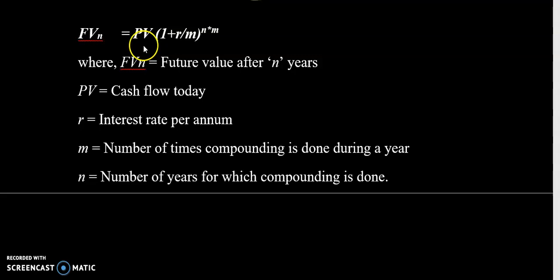Present value is the cash flow today. 1 plus R is the rate of interest, divided by M. M is the number of times compounding is done during a year. For semi-annual compounding, compounding is done 2 times in a year, so it will be 2. For quarterly compounding, compounding is done 4 times in a year, so 4. The power is N multiplied by M.